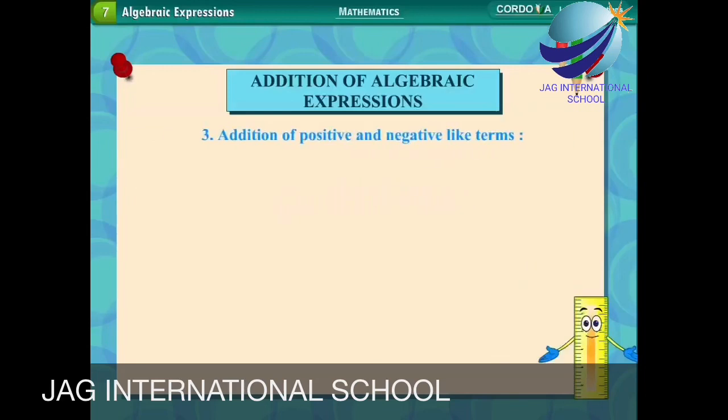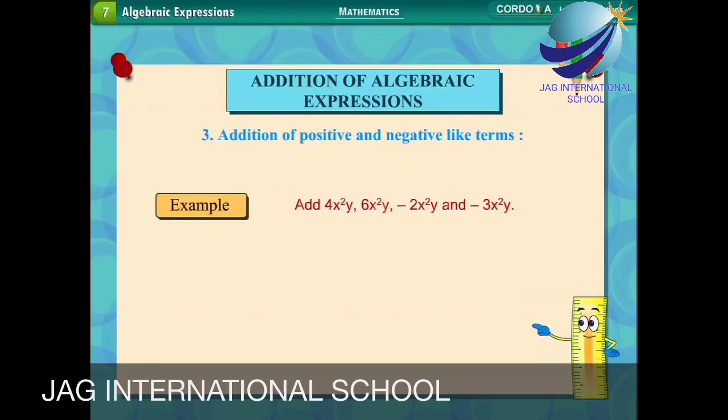Addition of positive and negative like terms. Example, add 4x square y, 6x square y, minus 2x square y and minus 3x square y.